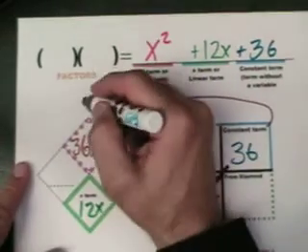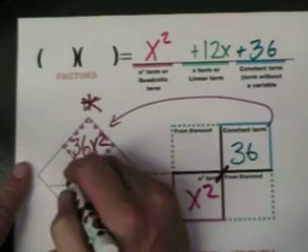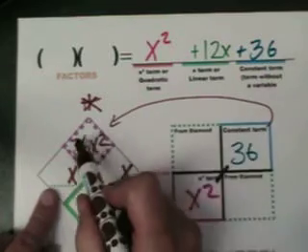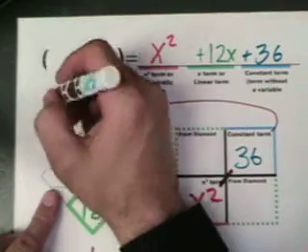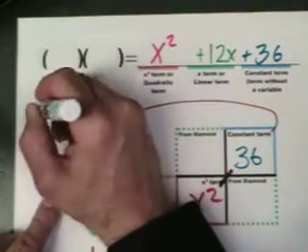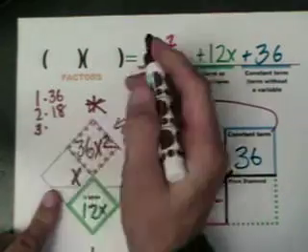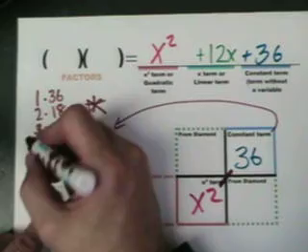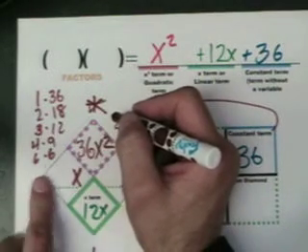So I need a number that multiplies to 36x squared and adds to 12x. I know they're both going to have x's. So let's look at the numbers that will give me 36 as multiples, or as factors, I should say. I could do 1 times 36, 2 times 18, 3 times 12, 4 times 9, 5 doesn't work, 6 times 6, 7 doesn't work, 8 doesn't work, 9's already there.